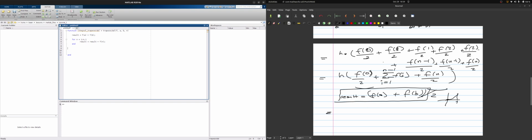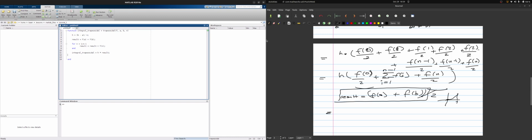Okay, and we should not forget that h is basically b minus a over n. This is our h, and then we need to multiply by this h. So then the trapezoidal integral is actually h times this result.